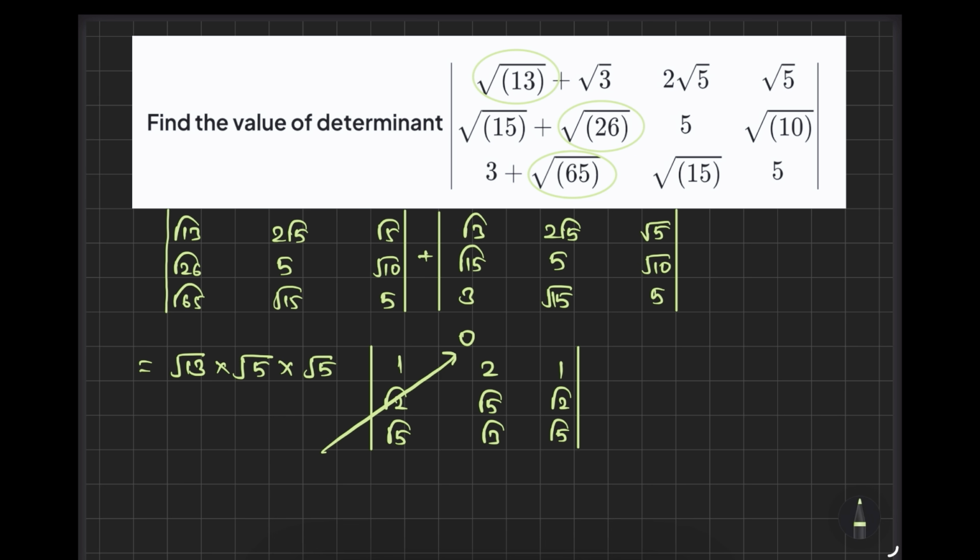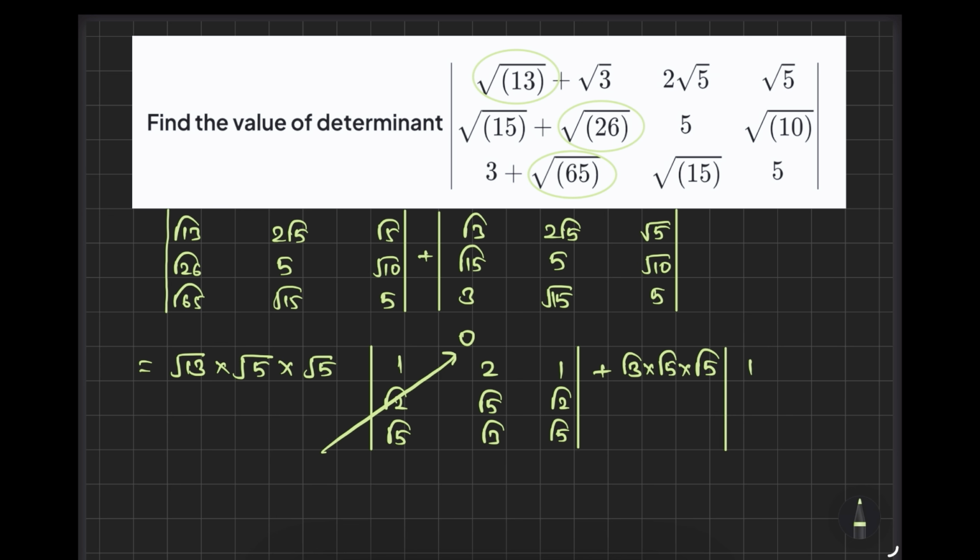Now we can take root 3 common from the first column, then root 5 common from the second column, and root 5 from the third column. Now let's simplify things.